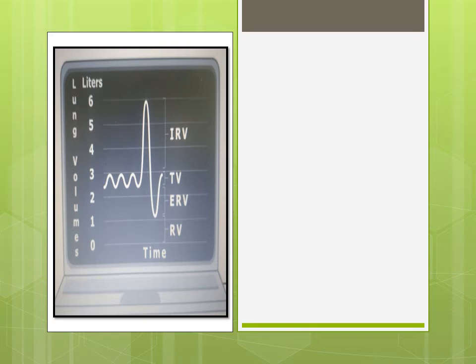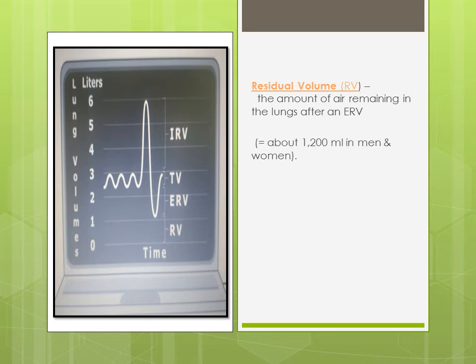Whatever amount of air is remaining in the lungs after the expiratory reserve volume, as seen in the image, is the residual volume. The normal amount is 1200 ml in men and women.